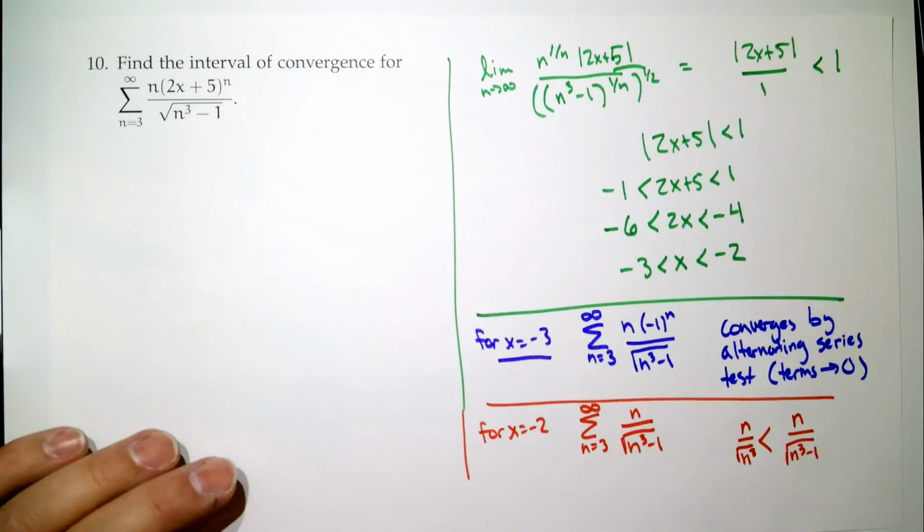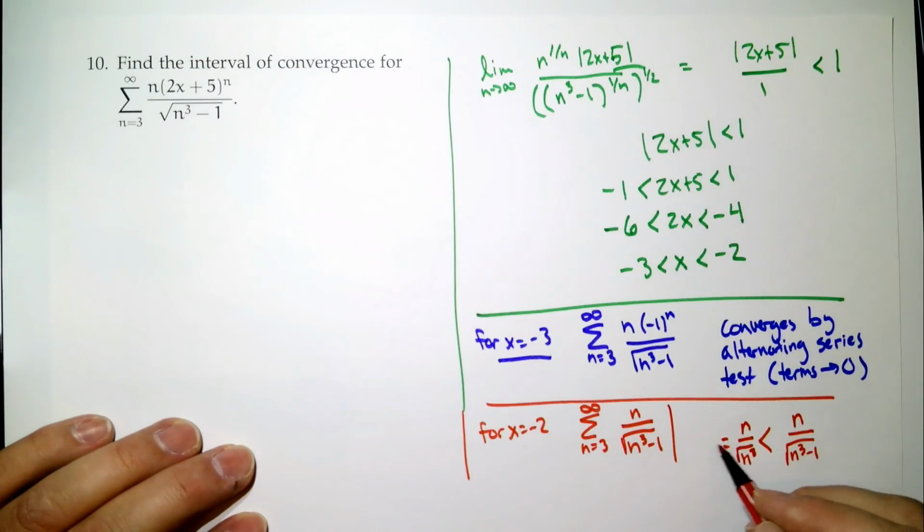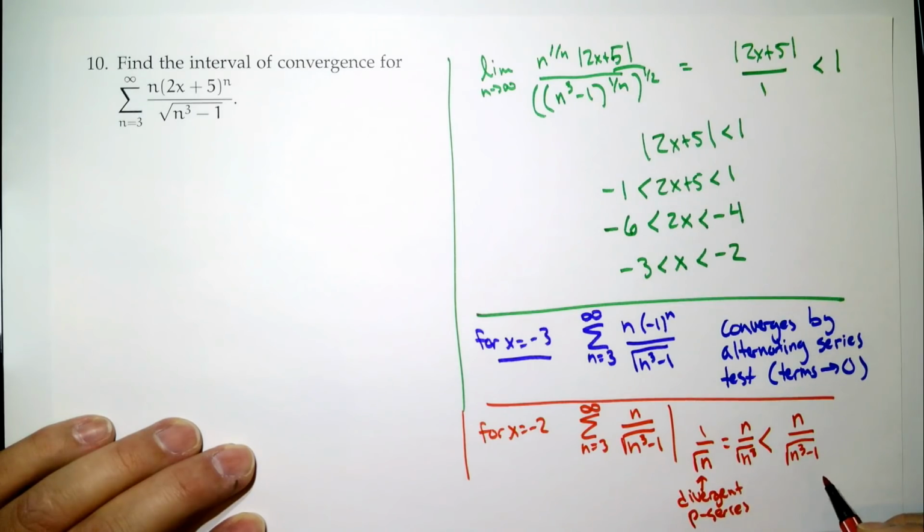So this is 1 over root n. So this is a divergent p-series. And now I have something that's bigger than a divergent p-series. So what can I conclude? I can conclude it diverges. Diverges by comparison test.